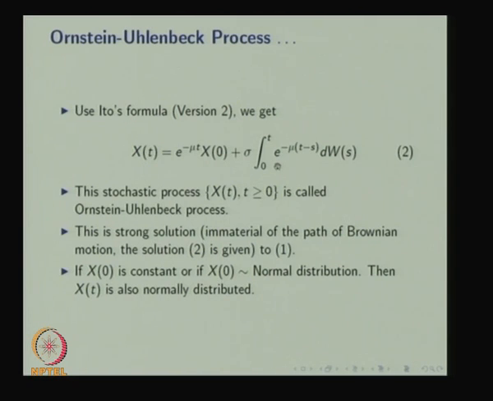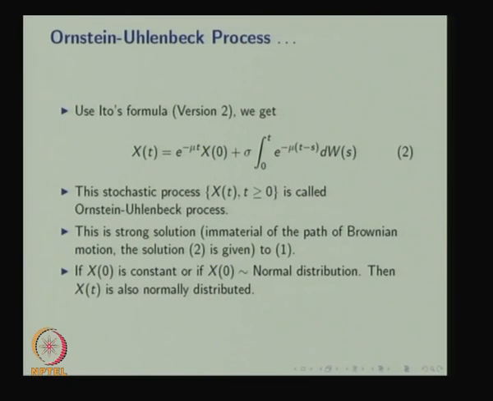So you can conclude that when x of 0 is a constant or x of 0 is a normally distributed random variable, x of t is also a normally distributed random variable. One can prove that x of t is also normally distributed.